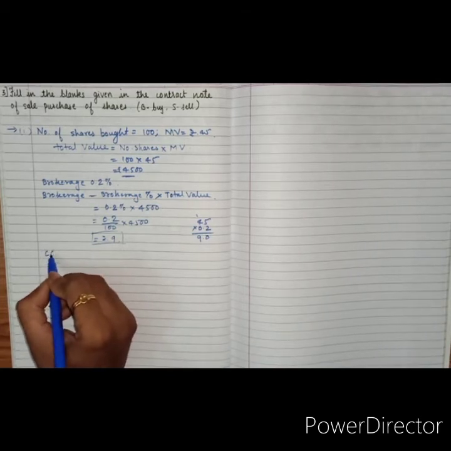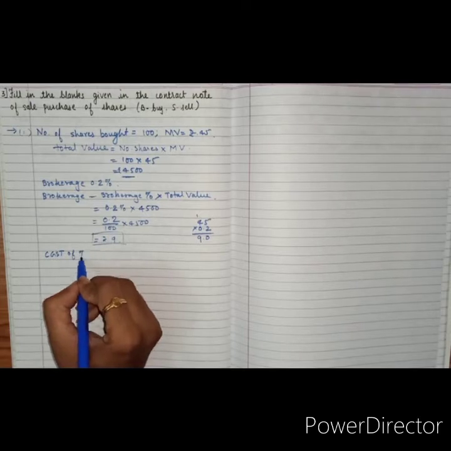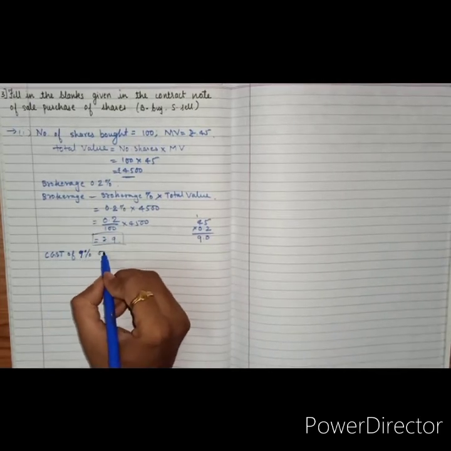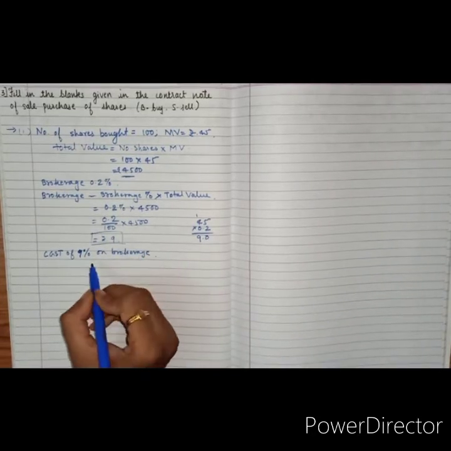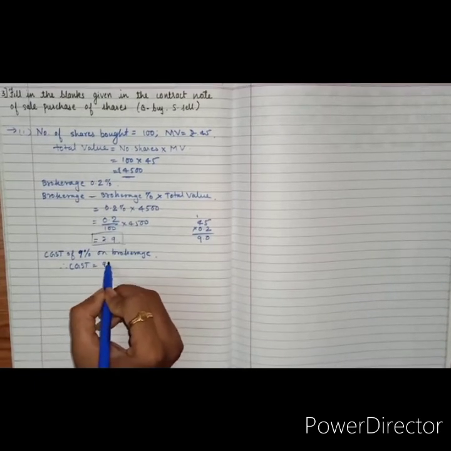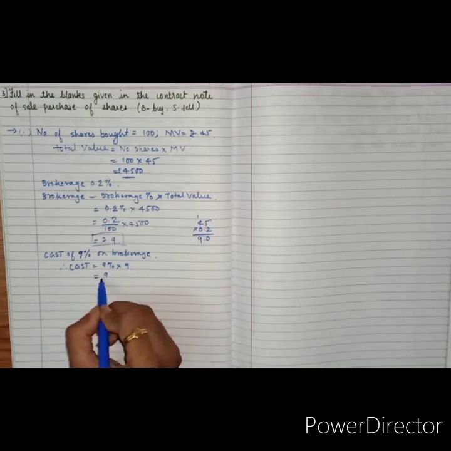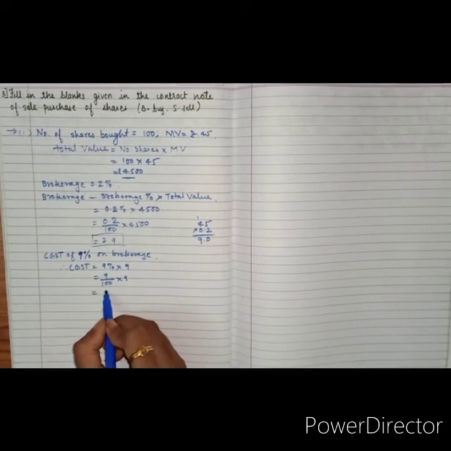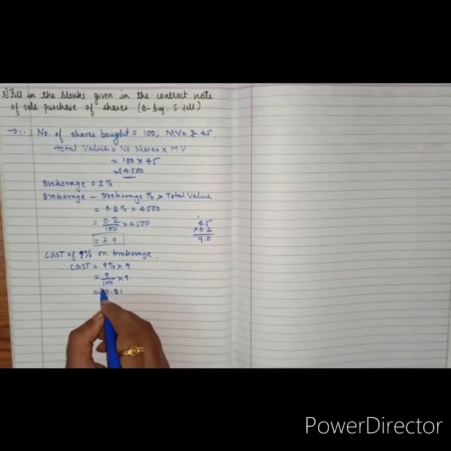Therefore CGST will be 9% on brokerage, which is 9. That is 9 upon 100 into 9. That is 0.81 is the CGST.